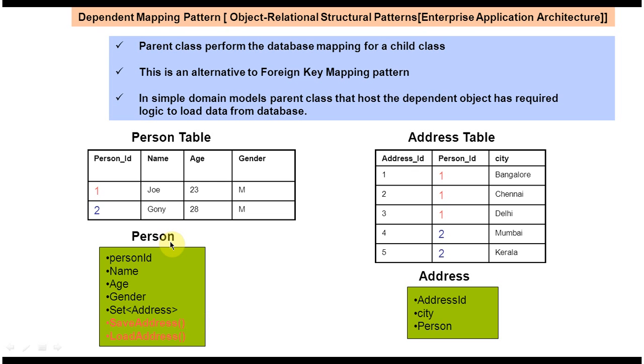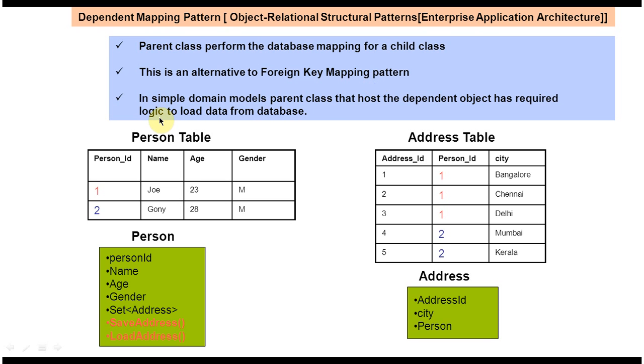When you save, the person object will be saved in the person table. Along with that, it will call save address in the person object to save the address information in the address table. So when you save, the parent class has a method to save the child object information in the child table. And if you see, this is an alternative to the foreign key mapping pattern.